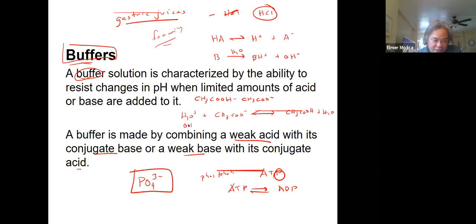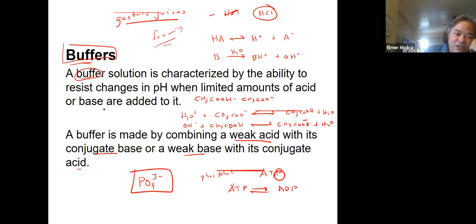When a hydroxide is added, the weak acid will be the one to react with it, giving you CH3COO minus plus H2O. So there is no H3O plus or hydroxide that remains unreacted. The buffer system will act on it.